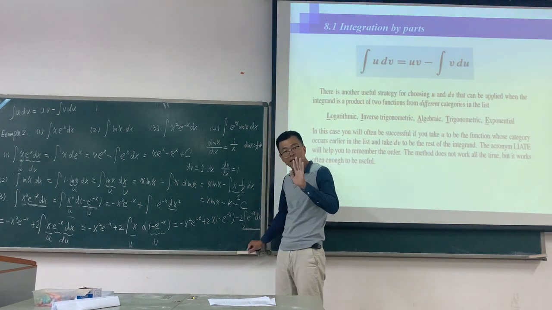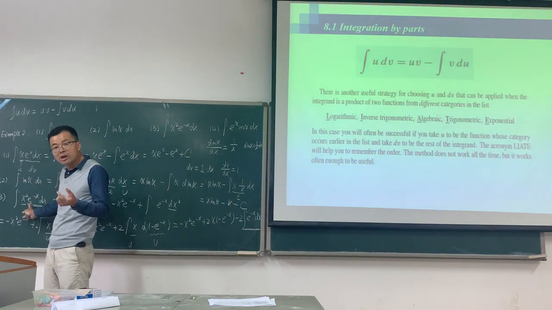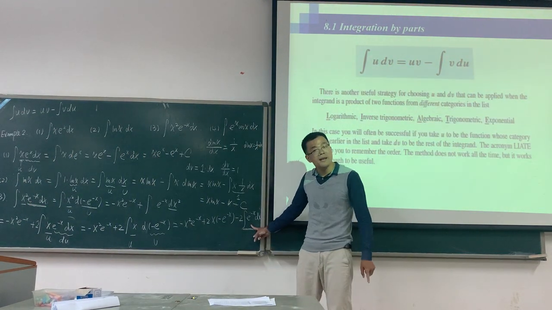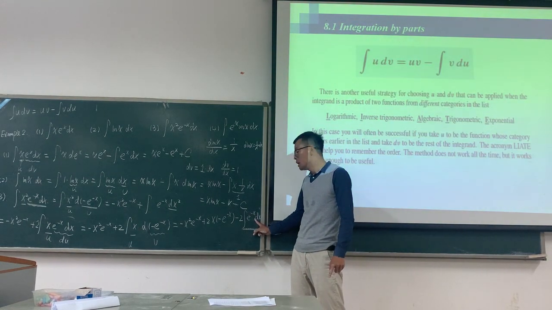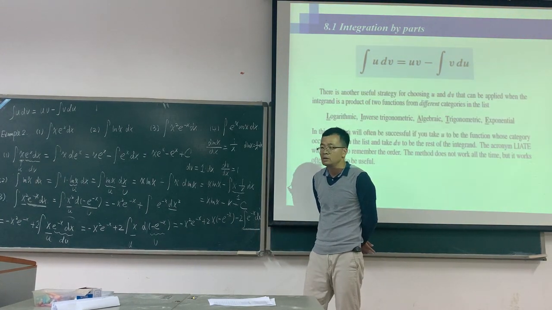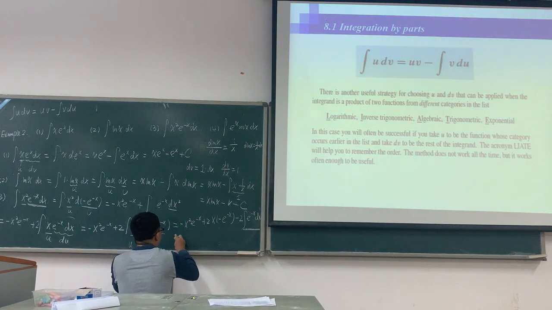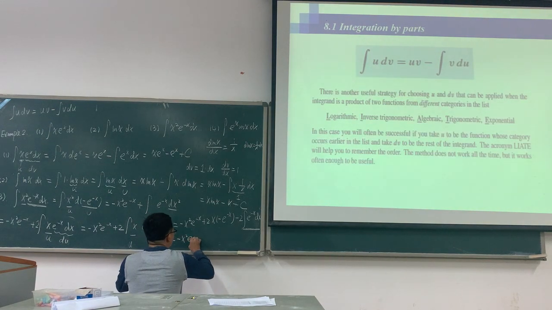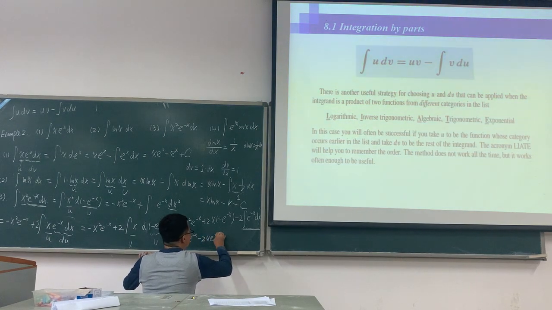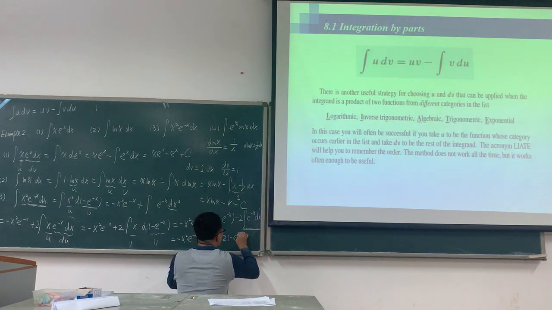Now we can see that for the integral of x squared times e to the minus x dx, we use integration by parts twice. So we just need to compute the antiderivative of e to the minus x, which is minus e to the minus x. So the result should be minus x squared e to the minus x minus 2x e to the minus x, and then minus 2 times minus e to the minus x.